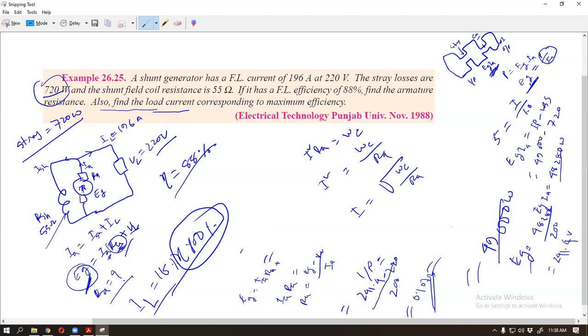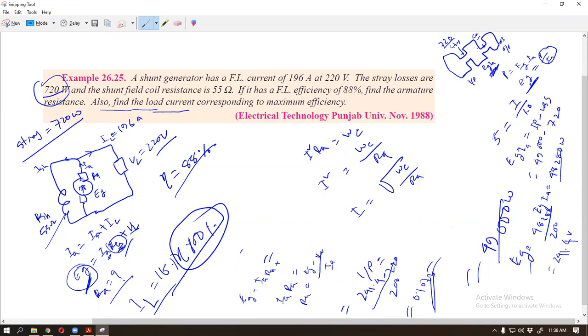You know that our constant value in this circuit is the steel loss plus this part. This is the steel loss, 720 watts.